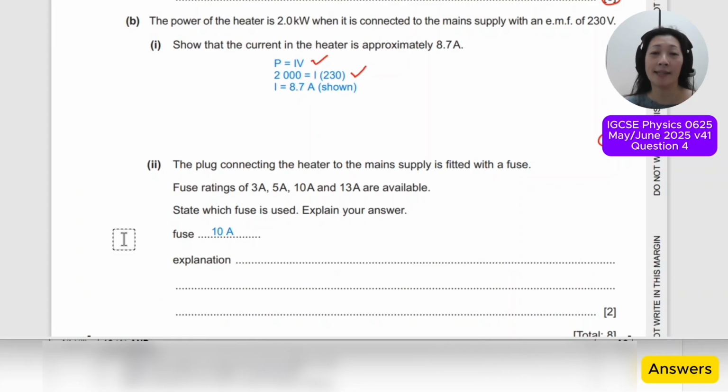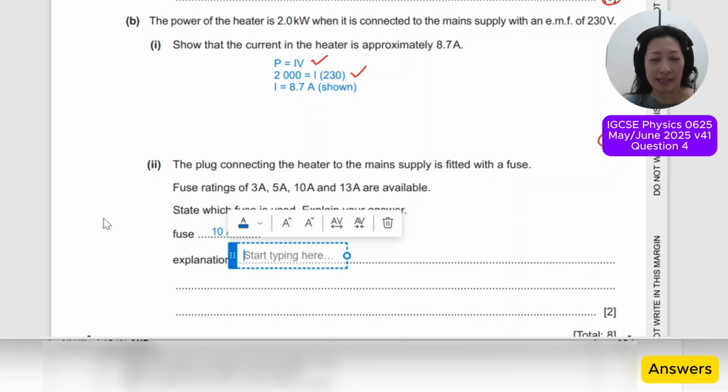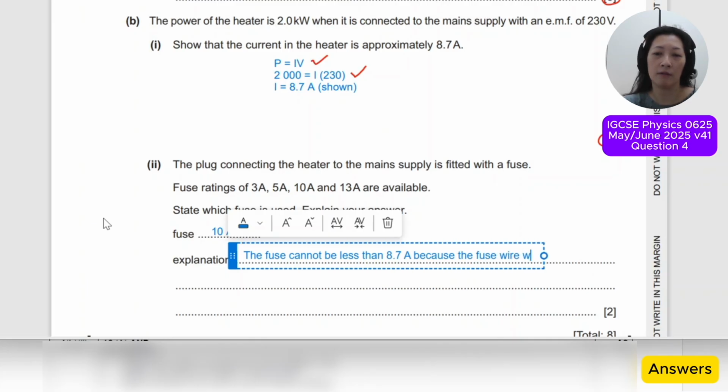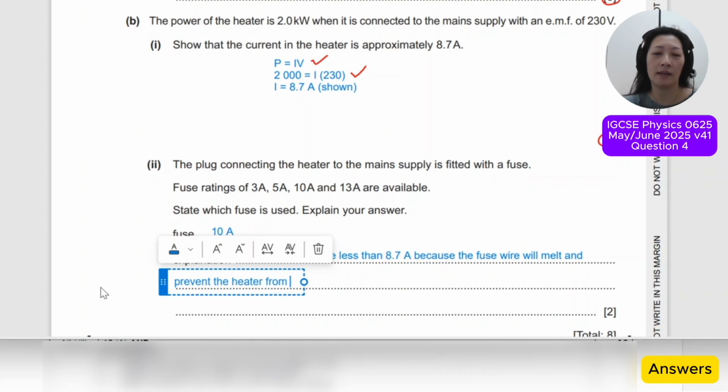The explanation for this is exactly like what I've explained just now. We can't pick a fuse that is too low, and we don't want to pick a fuse that is too high. So don't just write that, you also have to explain a bit more detail. The fuse cannot be less than 8.7 ampere because the fuse wire will melt and will prevent the heater from working normally.